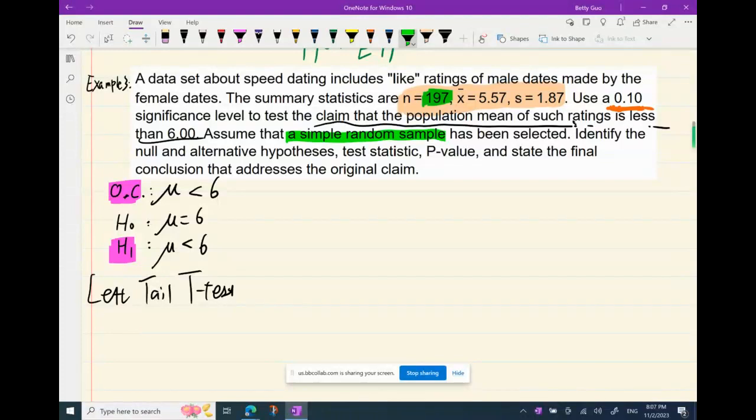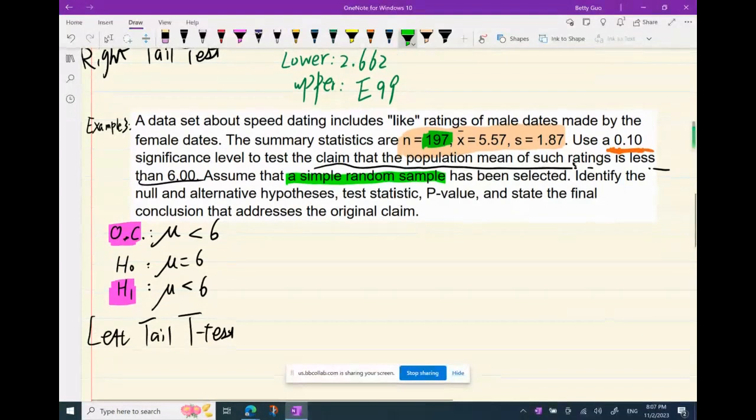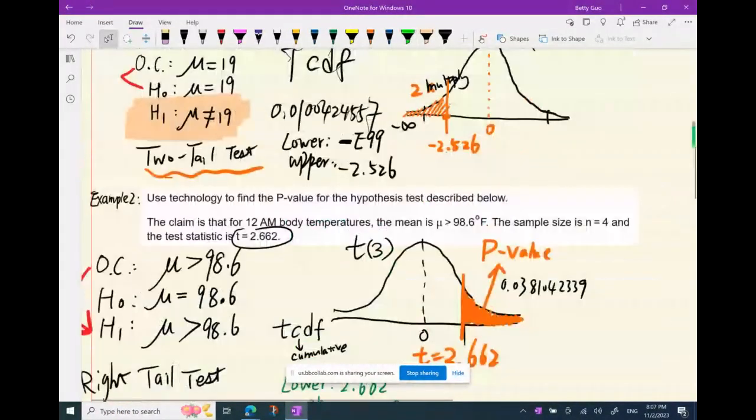Let's manually do at least one question. I promise in future sections, when the formula is very complicated, I will not make you use the formula at all. But this is the first time we do the test for population mean mu. We at least have to use it one time, okay?